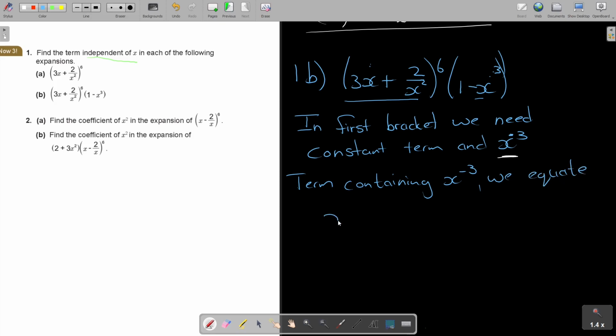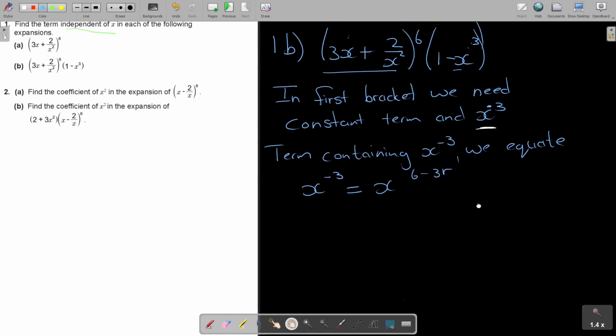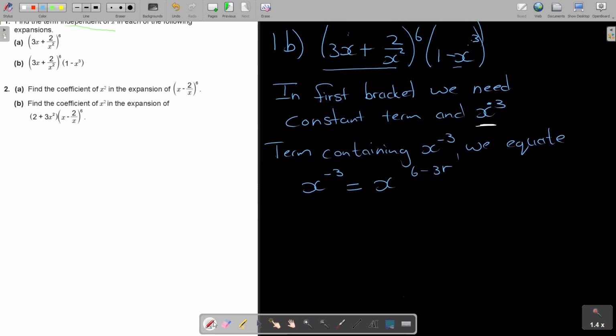It's going to be x to the power negative 3, and that is going to be equal to x to the power 6 minus 3r. So negative 3 equals 6 minus 3r. So 3r equals 6 plus 3, so 3r equals 9. Therefore, r is equal to 3.